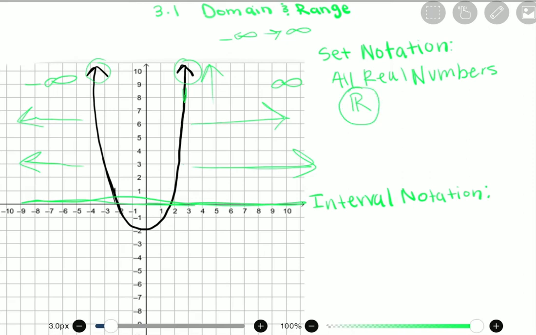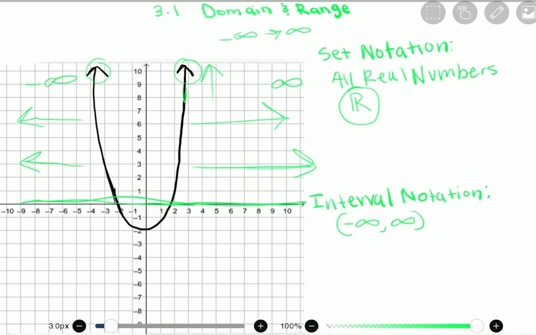So for set notation, that's the answer. For interval notation, we're going to do the same thing as before, but we're going to use parentheses. We're going to say parentheses, -infinity, comma, infinity. This basically means from -infinity to infinity, all of those numbers are in our domain. We're using these parentheses because infinity isn't an actual number, it's just a symbol for all the possible numbers. So that's why we're not going to use a bracket.